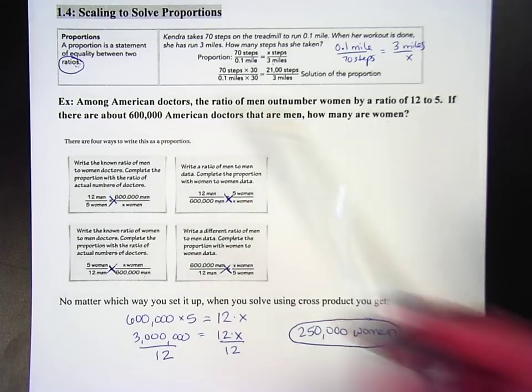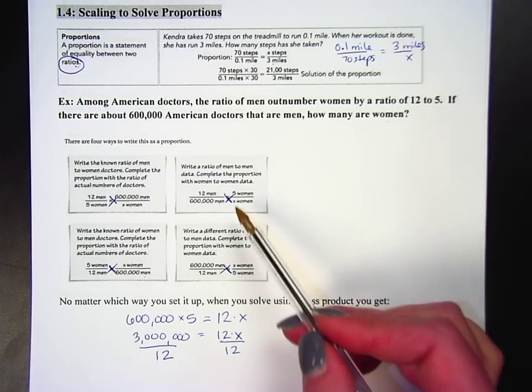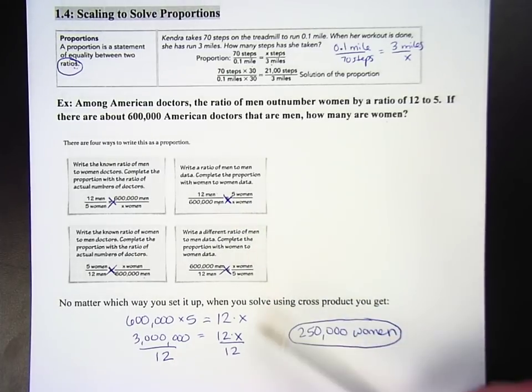So we were looking for about half of 600,000, which would be about 300,000. So 250,000 is a very reasonable answer given this scenario. My answer was 250,000. I multiplied my diagonals, and then at the last step, we divided by 12.